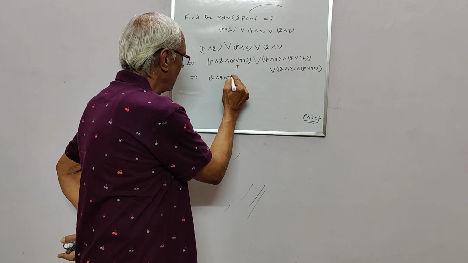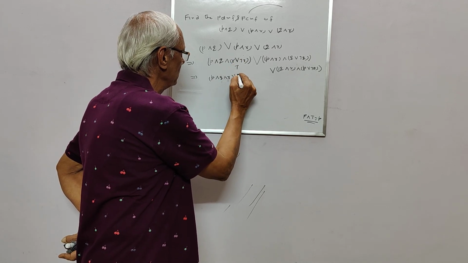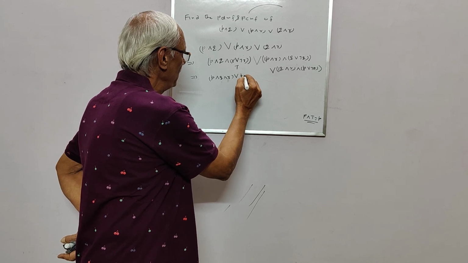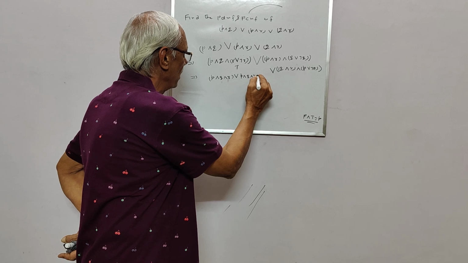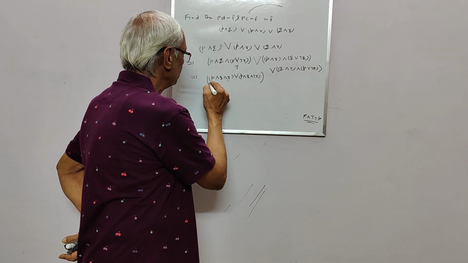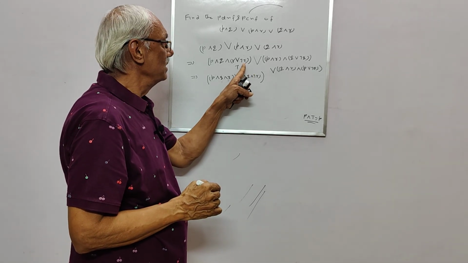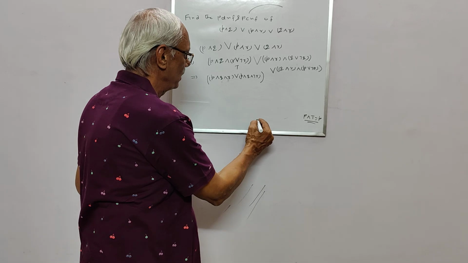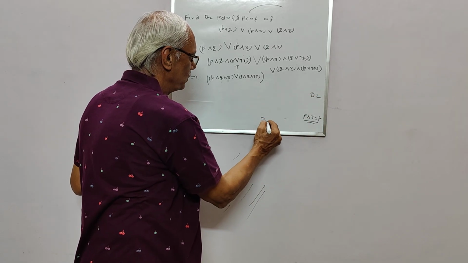So this is R, and here you see that your disjunction comes. So P conjunction Q conjunction negation R. So I will put it like this. See, I have opened the bracket using the distributive law. What is the law that I am using here? I am using the distributive law.